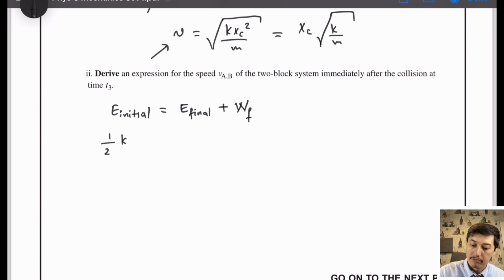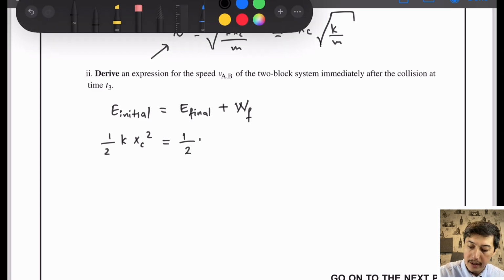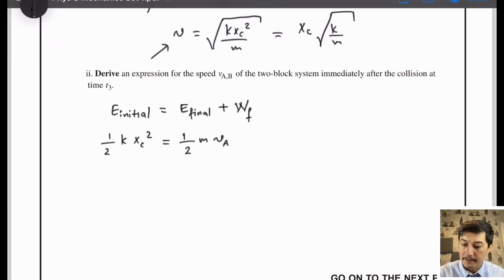Initially we have got again spring potential energy, half k xc square is equal to energy final. Let's say it is half m va square. Va, here I mean the speed of the block after it passed through the region with friction.